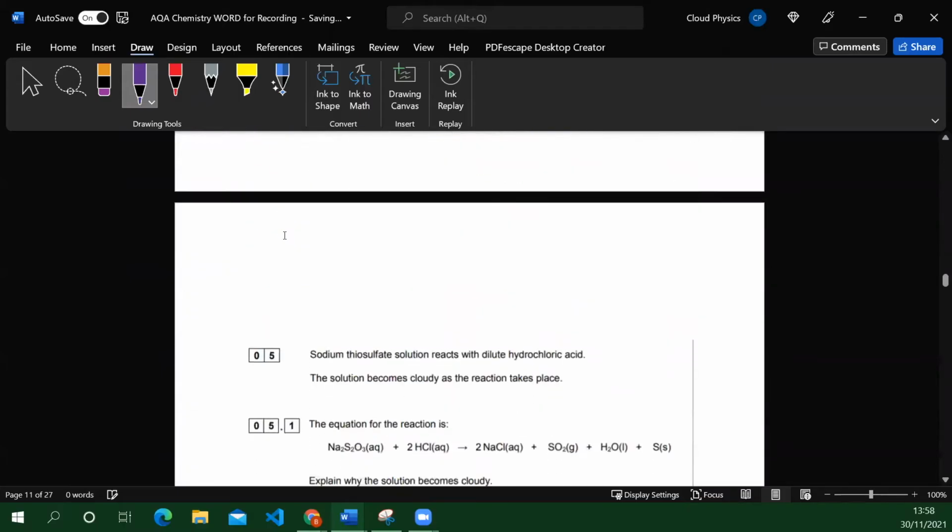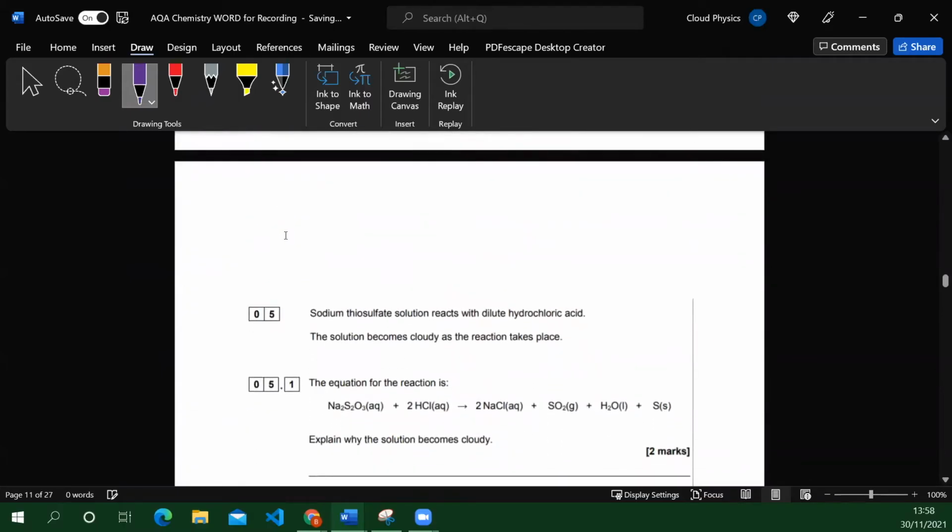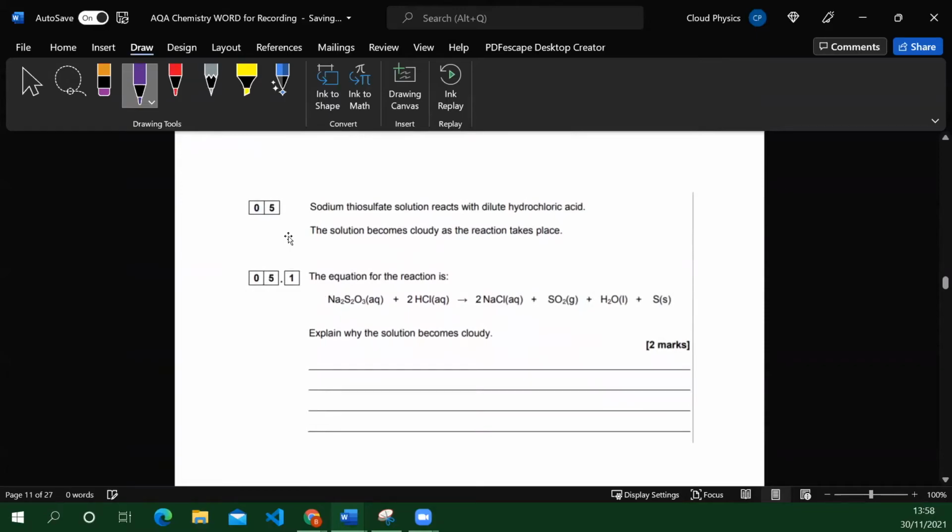Okay. Oh, question 5. Sodium thiosulfate reacts with dilute hydrochloric acid. The solution becomes cloudy as the reaction takes place. You may have seen this before in class.